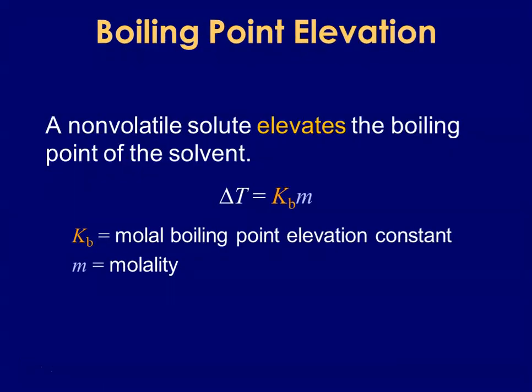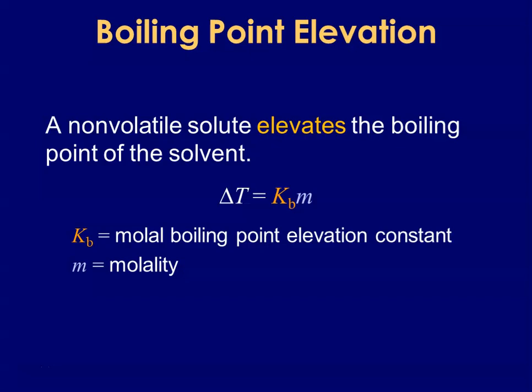With boiling points and with freezing points, adding a non-volatile solute interferes with the ability of that solute to escape and reach the surface, and so it takes more energy to get those molecules to have the same vapor pressure in the liquid as they do in the atmosphere surrounding it. And so that would cause your boiling point to be higher.